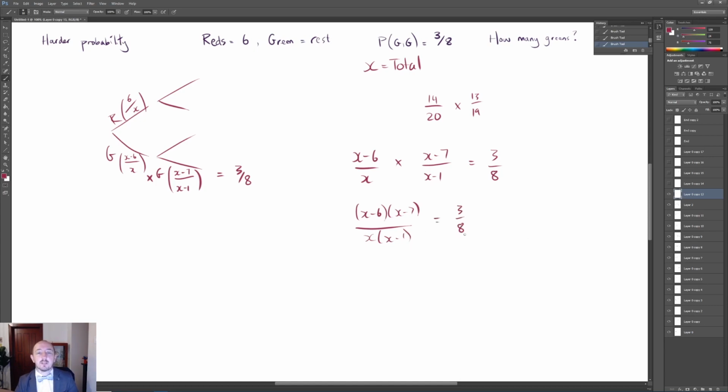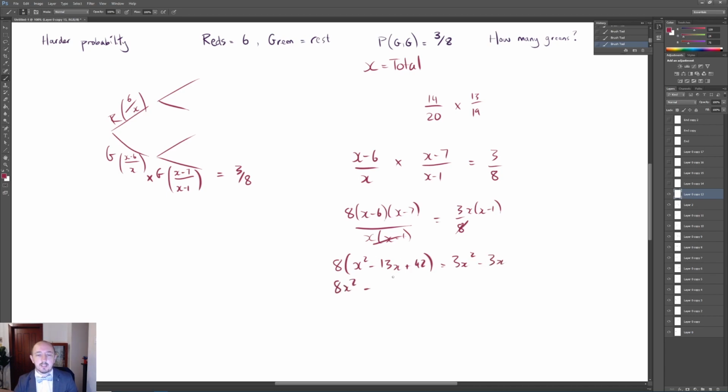And then we're going to solve this equation. We're going to cross multiply, so we're going to take the x brackets x minus 1 up here, and we're going to take the 8 up here to clear that fraction. And we get x squared minus 13x plus 42 equals 3x squared minus 3x.